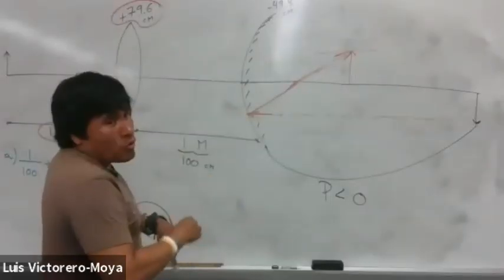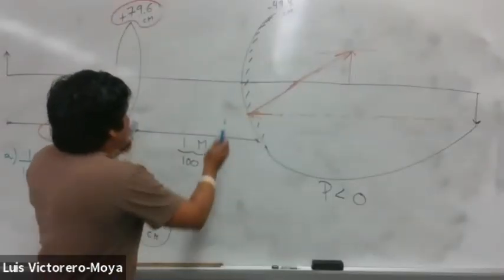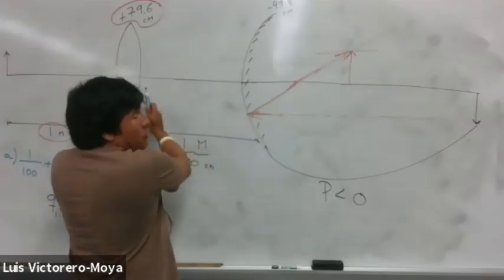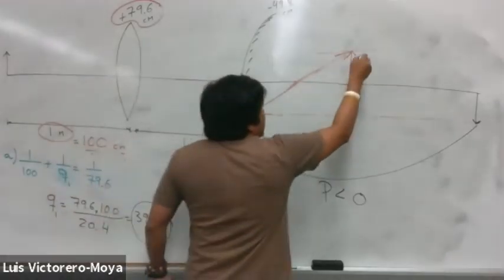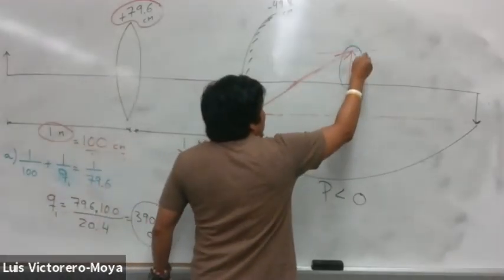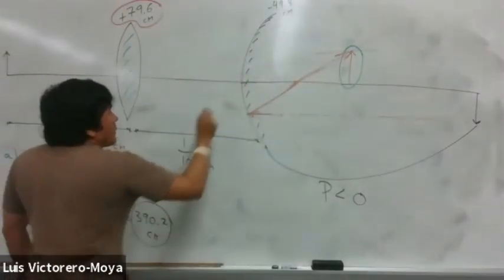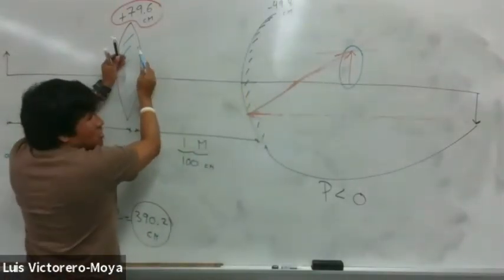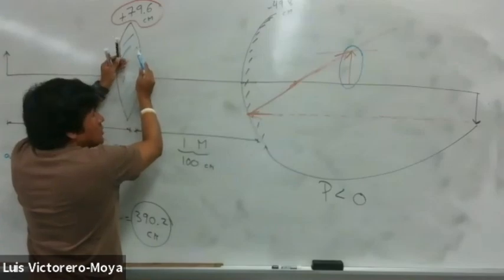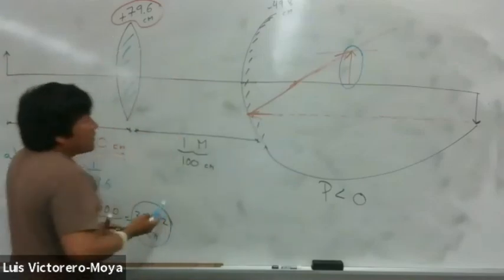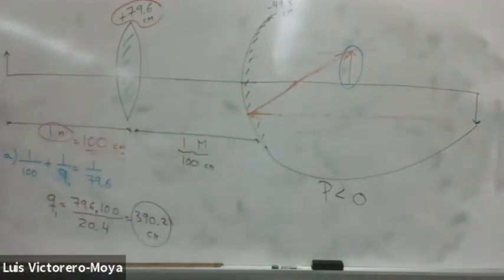You know what's the extra step? Because there is a lens in front of the mirror, this image is going to project through the lens. And you're going to find a real image here. So your final image will be around here.